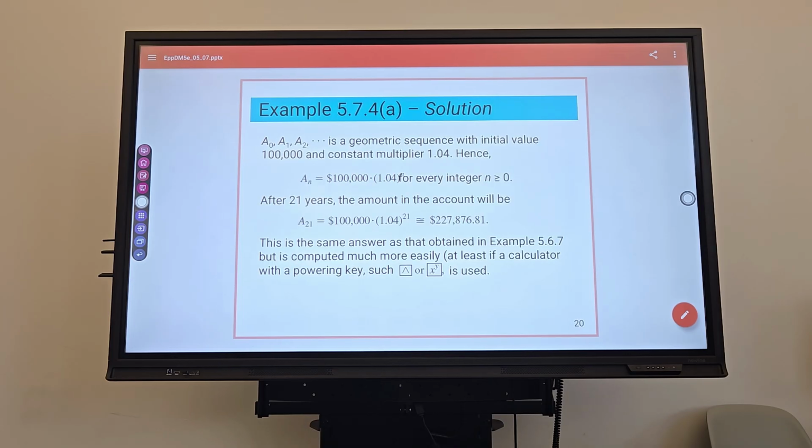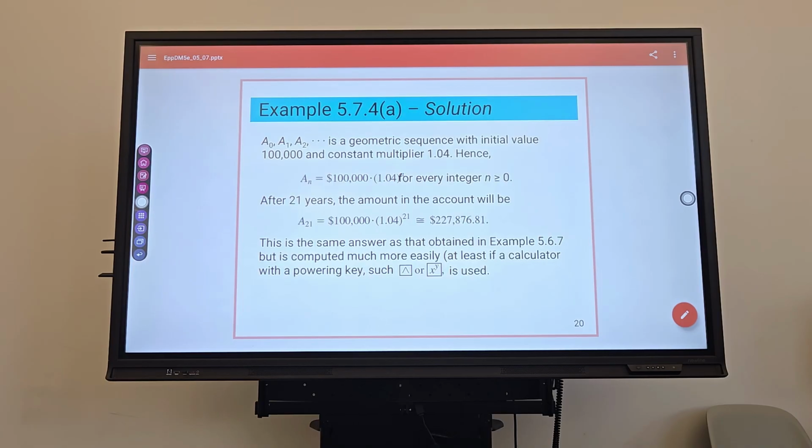It's a geometric sequence with an initial value of 100,000 and a constant multiplier of 1.04. Thus, it would be 100,000 times 1.04 to the nth power for every integer n greater than or equal to 0.